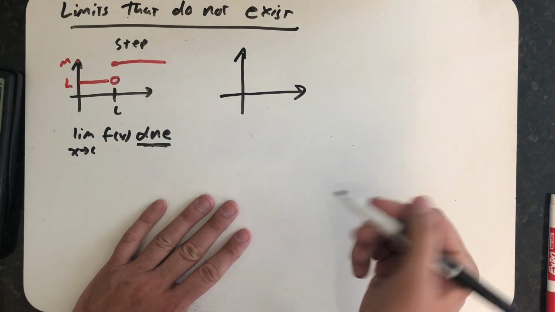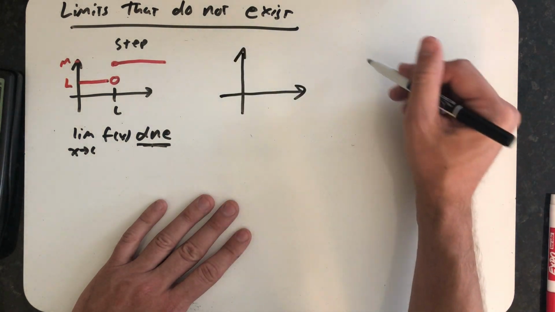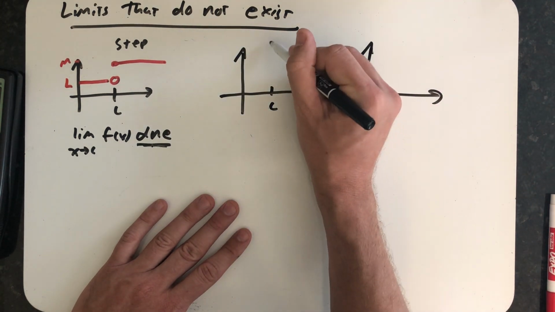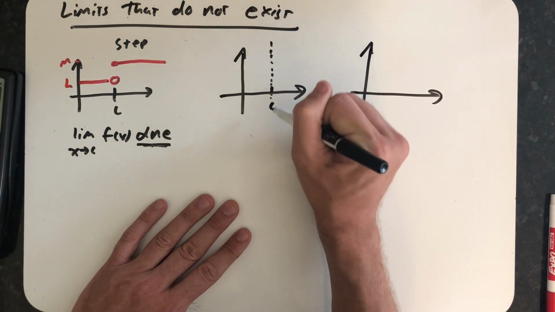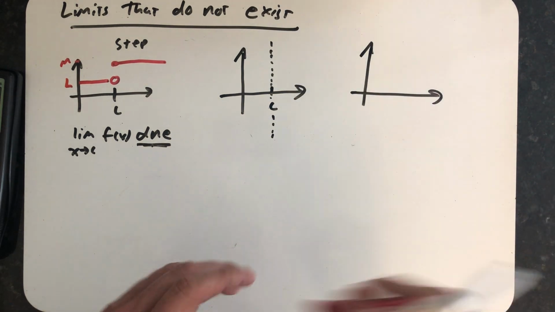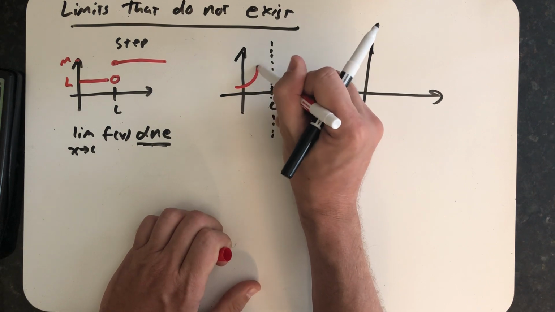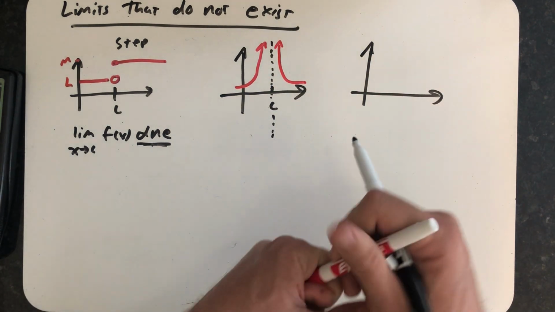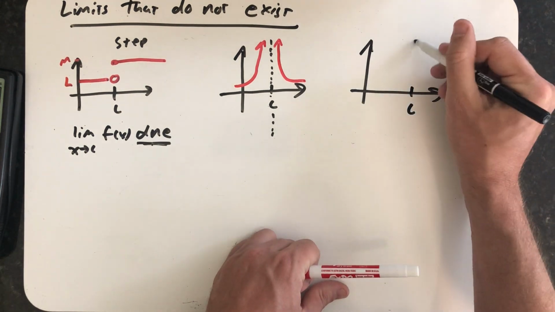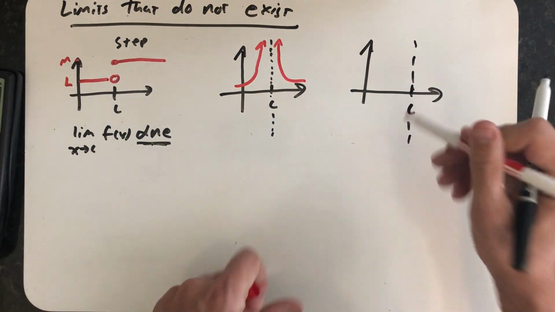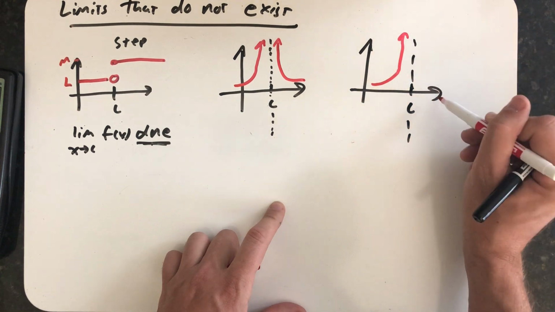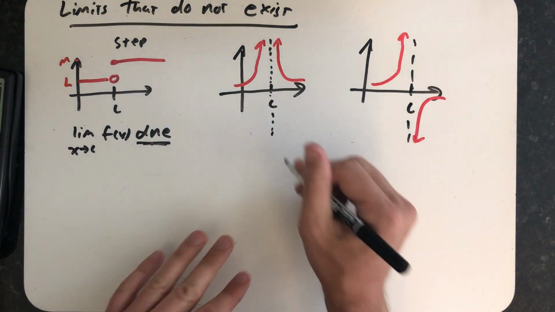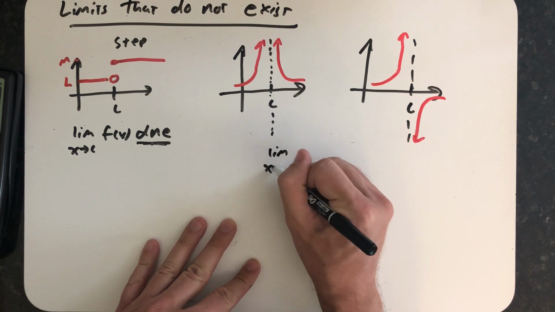I'm going to draw a pair of pictures for this next reason. So I want to imagine this time that I have a function with a vertical asymptote. And I'm going to draw two different pictures, just have two examples of this. In either one of these pictures, the limit as x approaches c does not exist.